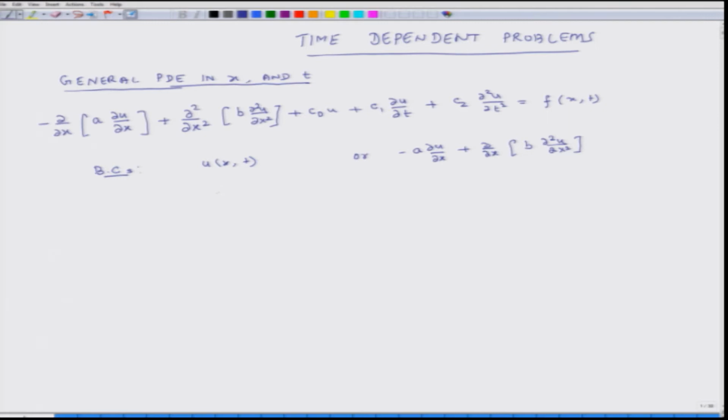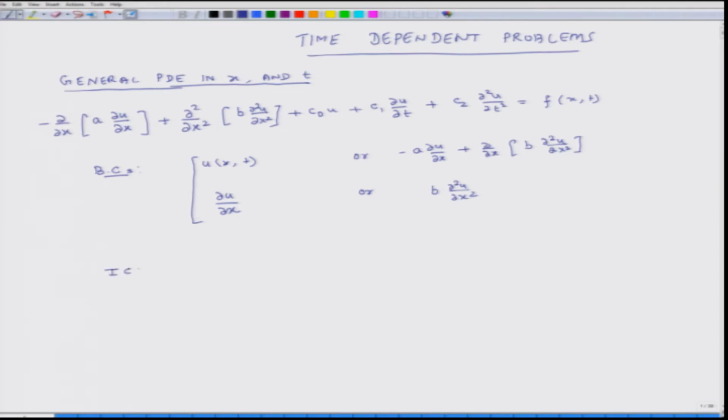And the second set of boundary conditions would be del u over del x, that would be the primary variable, or the secondary variable associated with it, which is b times the second derivative of u with respect to x. So, these are the boundary conditions.